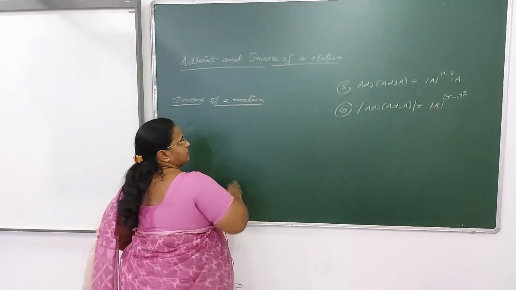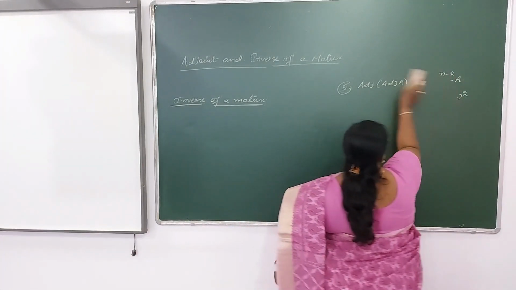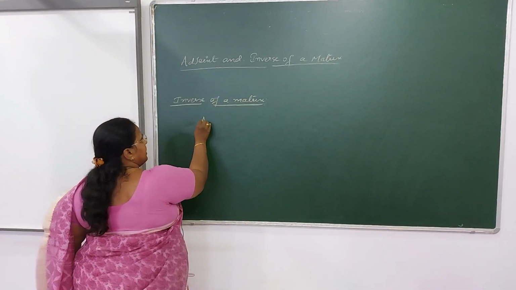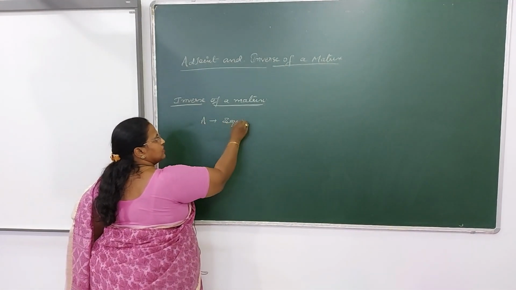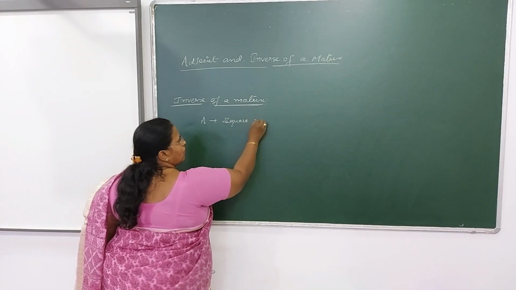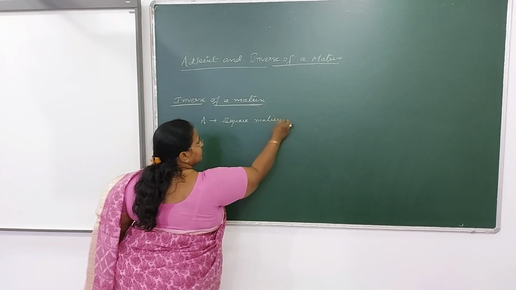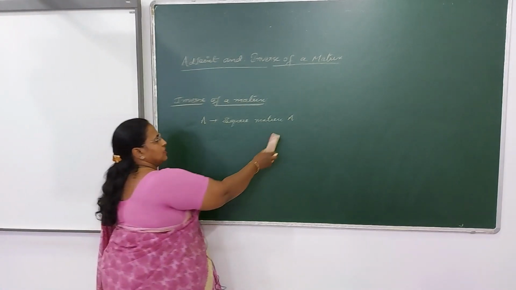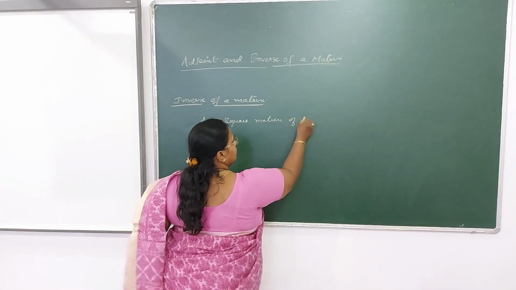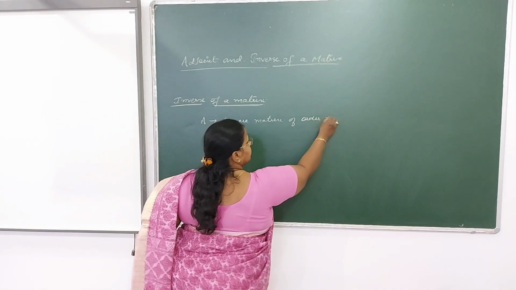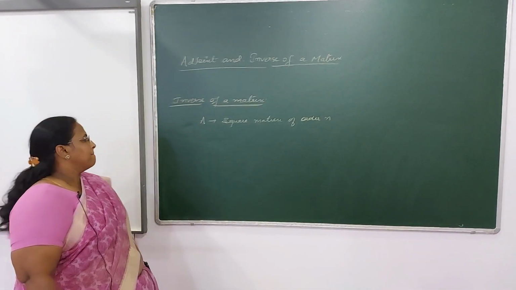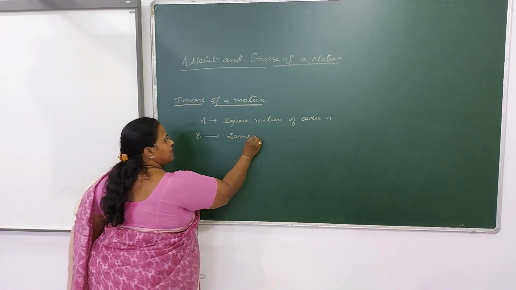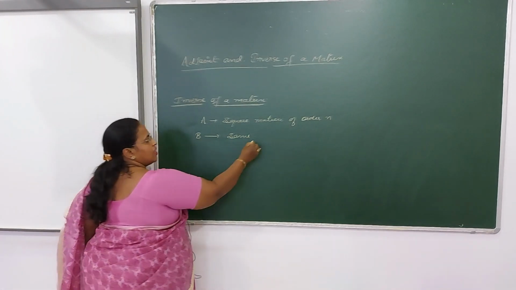Let A be a square matrix of order n, and B be a matrix of the same order.